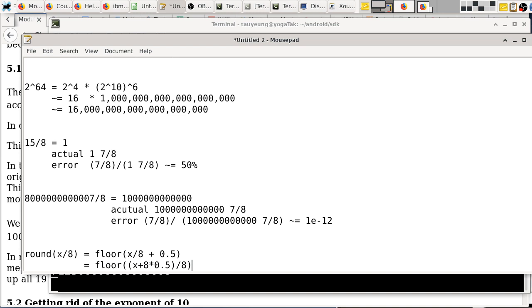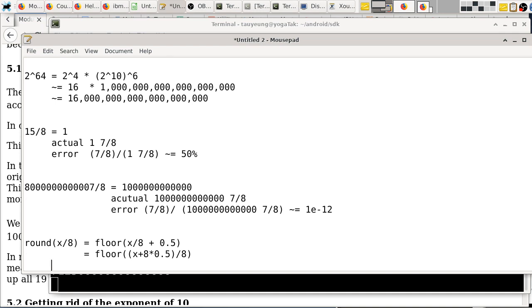Can we eliminate the need to represent 0.5? Sure, because that 0.5 is multiplied by 8, which is just 4. Okay? So it becomes the floor of x plus 4 divided by 8. Does it make sense?